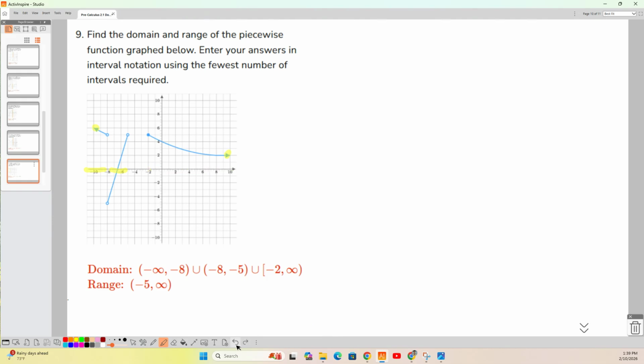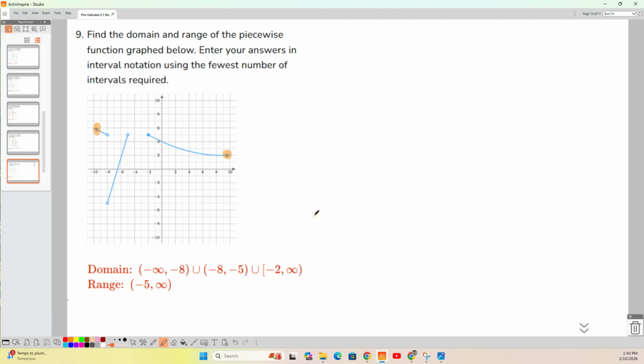Now for the range. All right. I see this arrow pointing upward. So I know that the y values are going to go up to infinity. This arrow is pointing directly to the right.